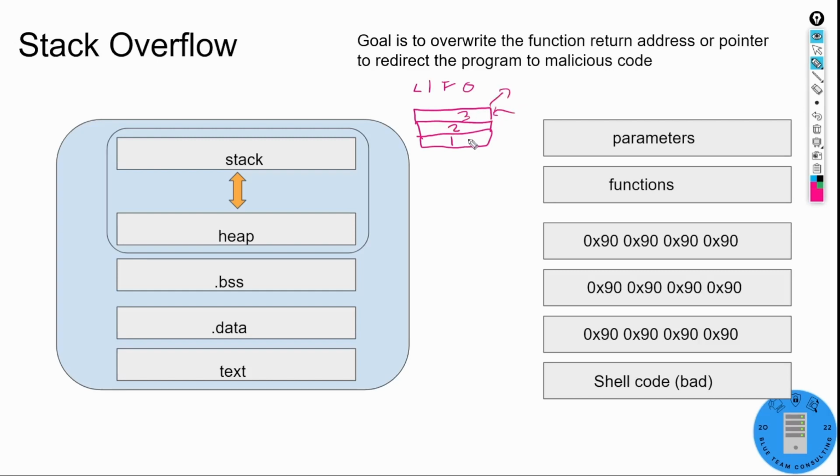Number 2 and number 1 cannot be executed until number 3 leaves the stack and is executed by the computer. So when excess data is entered into one of these variables here, and we'll get to this in a second, this is called a no-op sled, which stands for no operation, you could potentially overwrite the return address, which would have a placeholder for the next set of instructions to execute the next set of functions on the stack, and again, we're in memory.